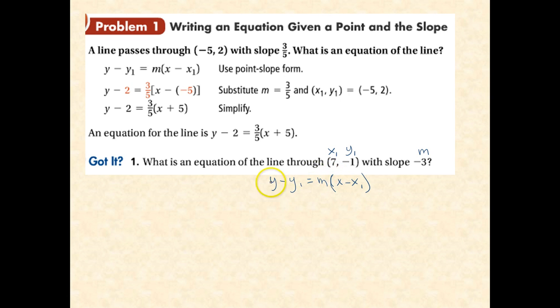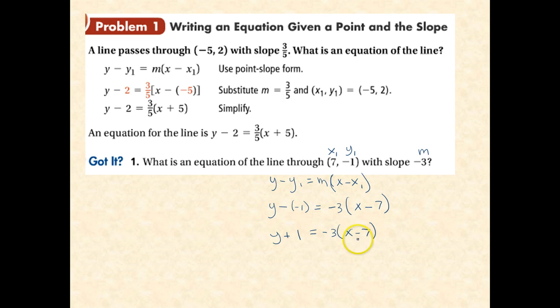So I'm just going to substitute in. The y and the x are going to stay y and x, but the y1, the m, and the x1 are all going to get replaced with these values. So y minus -1 equals m, which is -3, times x minus x1, 7. And simplify the minus -1, that's +1 equals -3 times x minus 7.